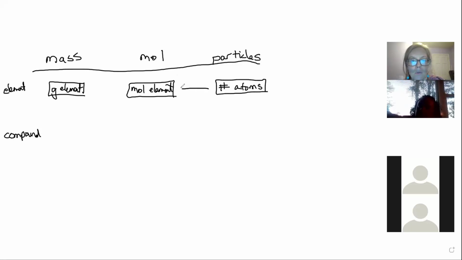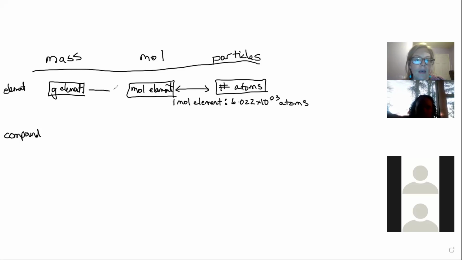Okay, we can get between these two by using Avogadro's number, which says that 1 mole of any element is equivalent to 6.022 times 10 to the 23rd atoms.